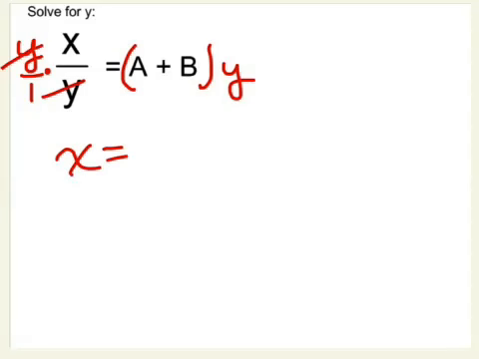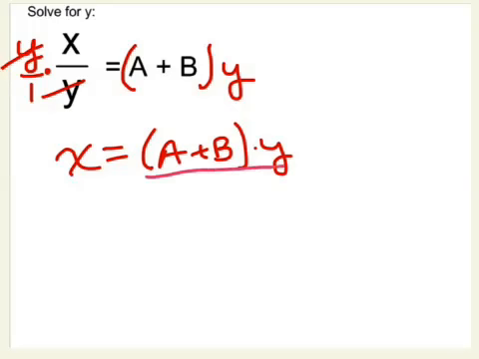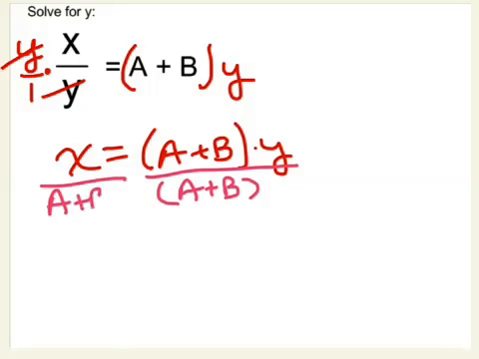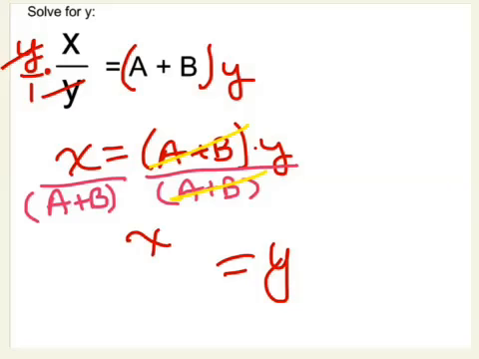Now we know x is a plus b, that number, times y. Then, to get y by itself, you would divide by the number out front, which is a plus b. Okay. And we see that those cancel, and you see that y is equal to x over a plus b.